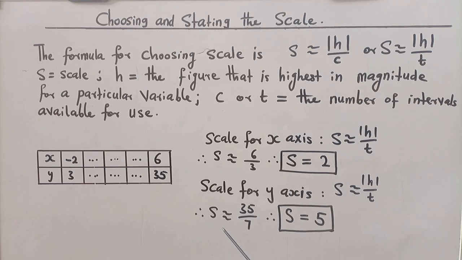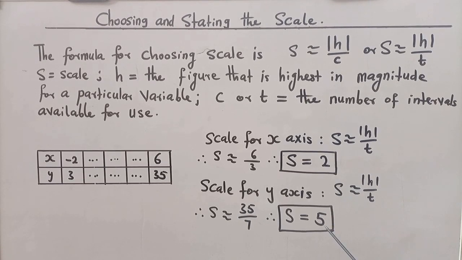Now, if there are 7 usable intervals along the positive y-axis, then the number of intervals, that is t, now becomes 7. 35 over 7 is equal to 5. Therefore, the scale is equal to 5 for the y-axis, meaning that the value of each interval along the y-axis is equal to 5 units.